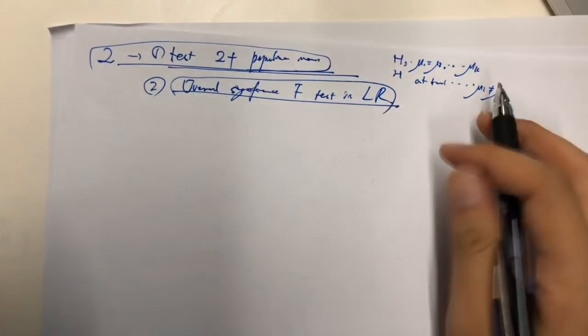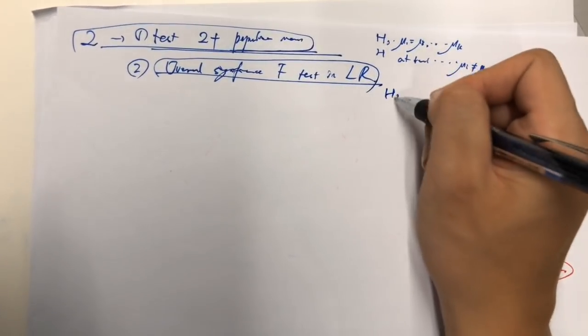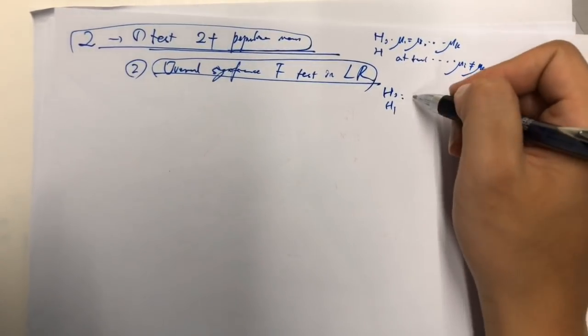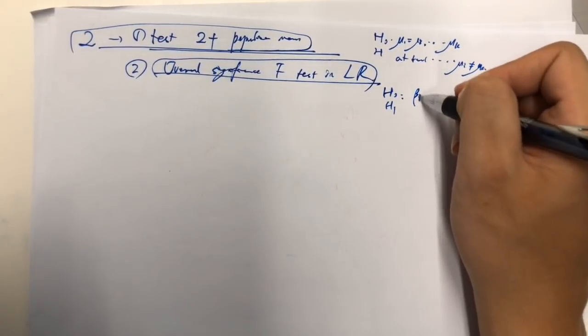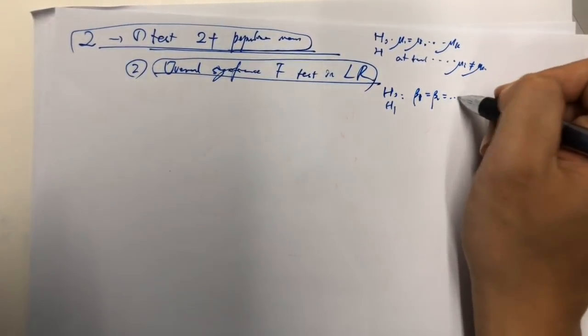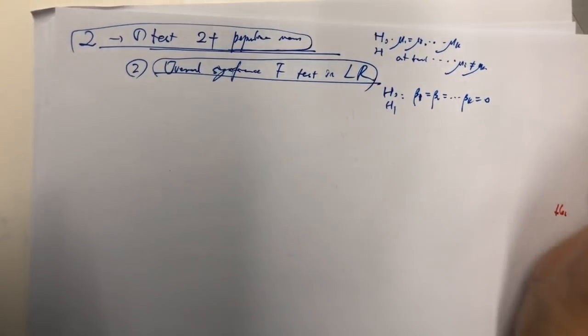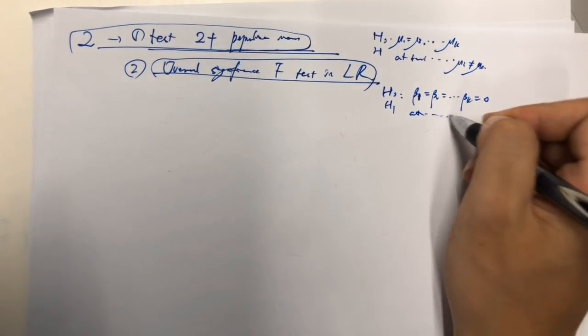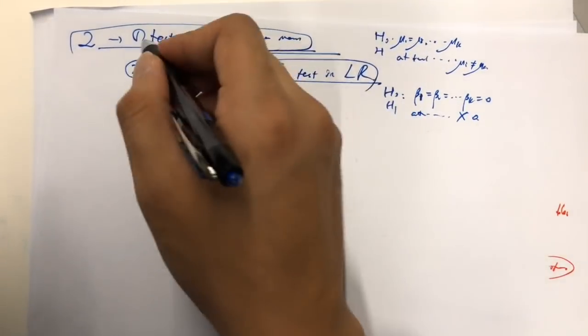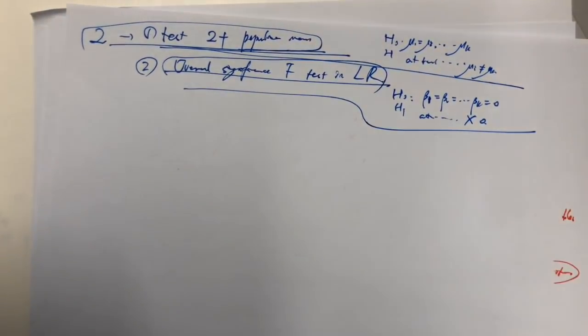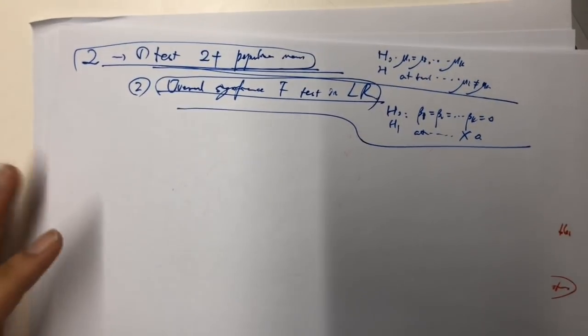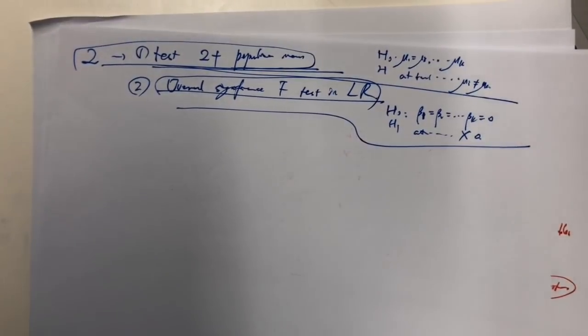And for the overall significance F-test, the null hypothesis is beta 1 equals beta 2 equals beta k equals 0, and the alternative is at least one of them is not 0, okay? So there are two occasions that we apply ANOVA.